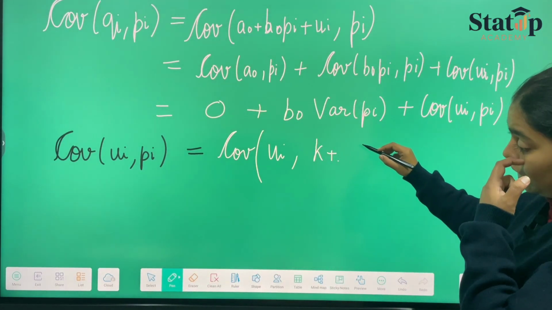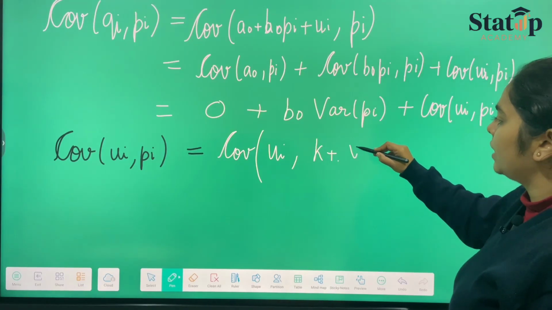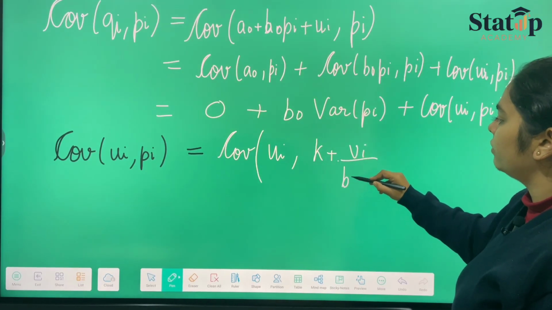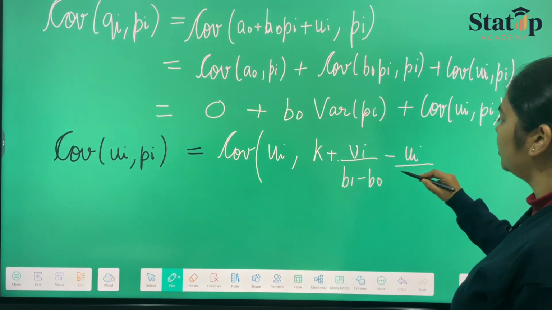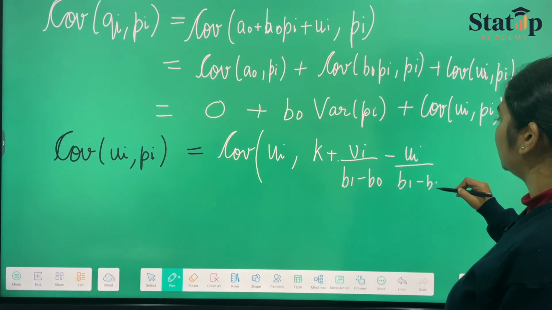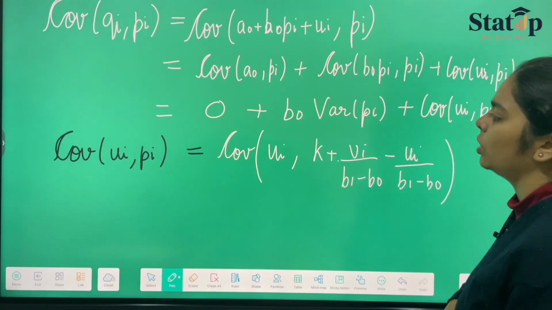This is K plus Vi upon (B1 minus B0) minus Ui upon (B1 minus B0). I have written it in two different quantities.